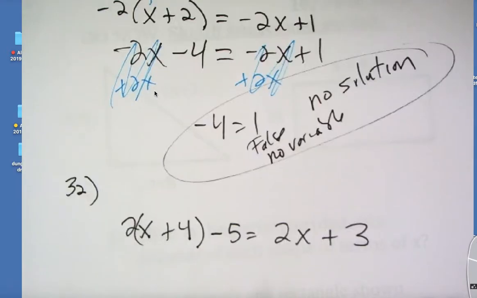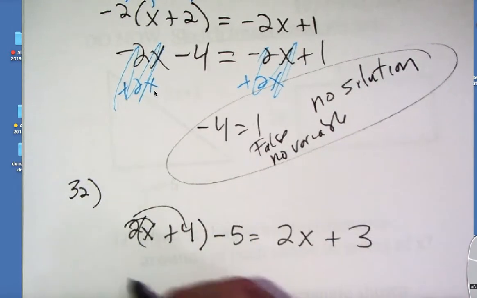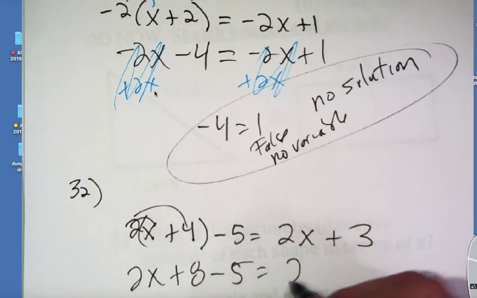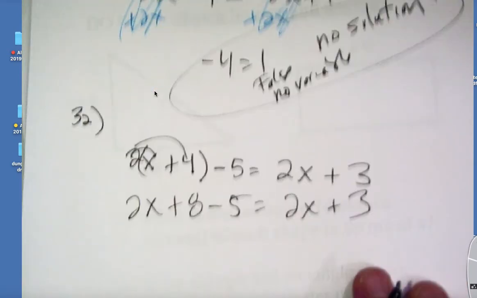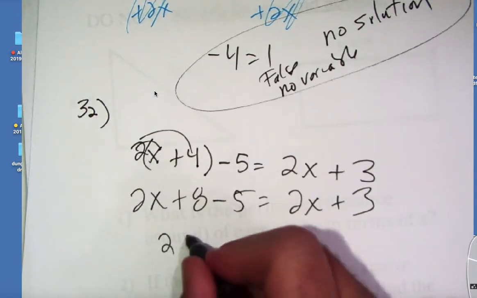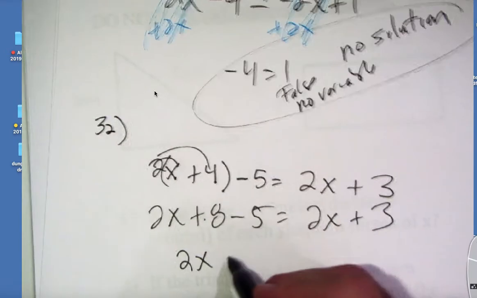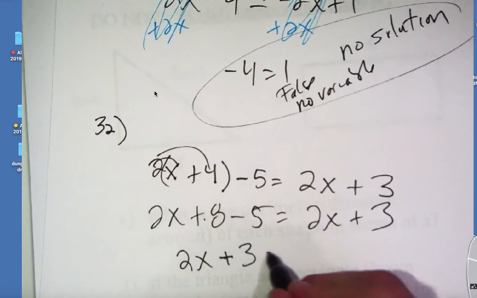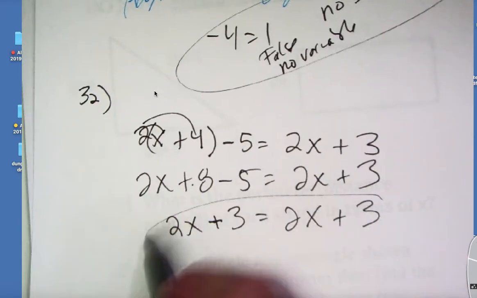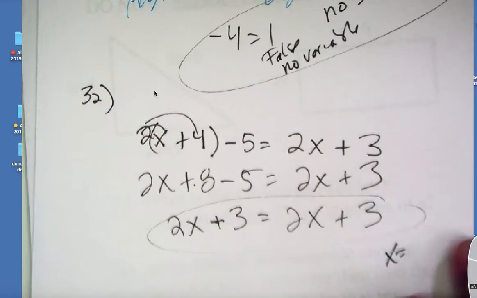And the last one, let's distribute. We get 2x plus 8 minus 5 equals 2x plus 3. Well, the x's are the same on both sides, so that might give me a clue. 8 minus 5 is positive 3. Okay, you could have stopped there. x is all real numbers.